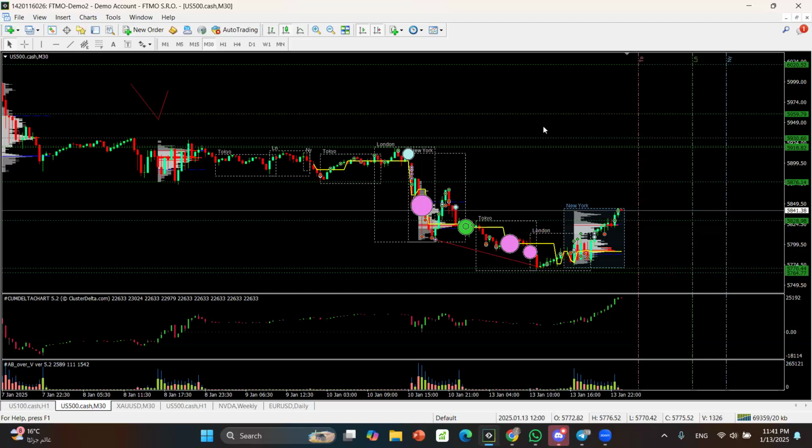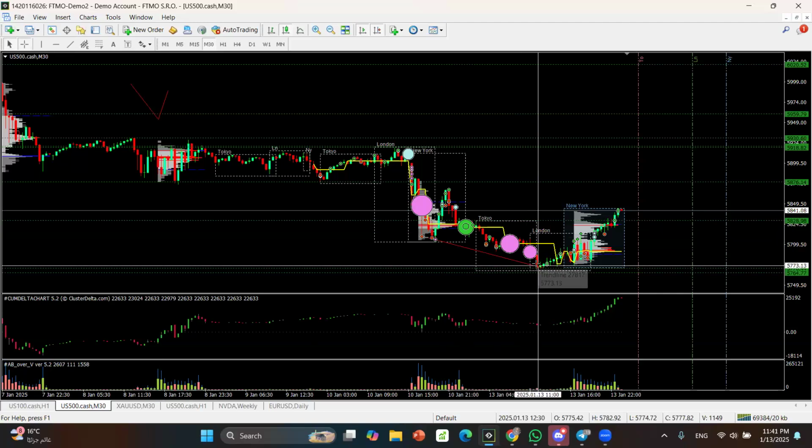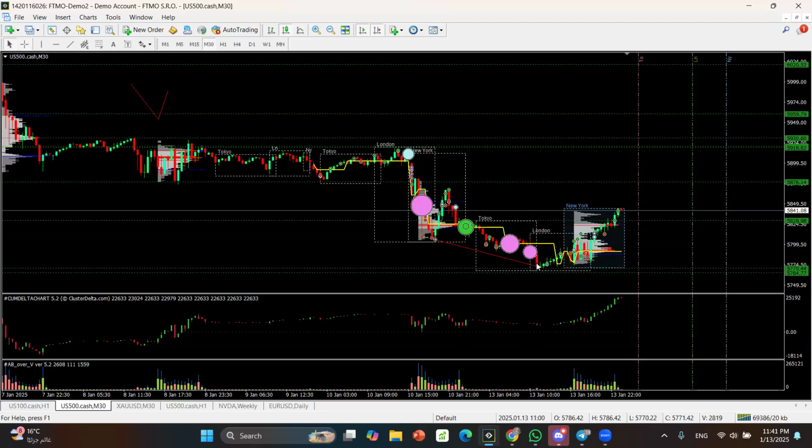So if it comes earlier, in the beginning of the market, I would buy an individual contract and wait for the next level, the resistance we've got.